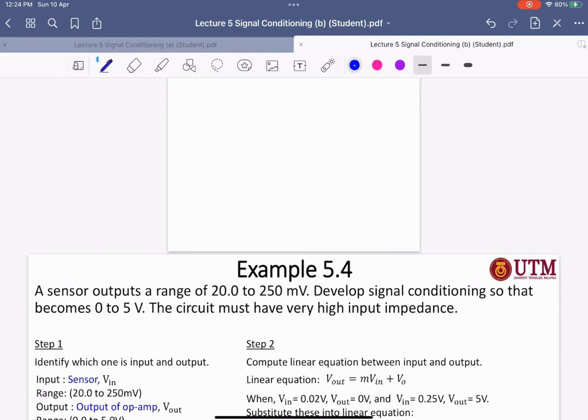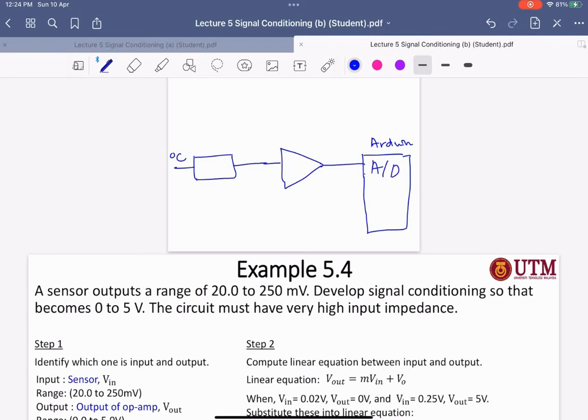You have the sensor, and then you put in the signal conditioning that we have not designed yet, and maybe this is your microcontroller or Arduino, or an analog to digital converter.